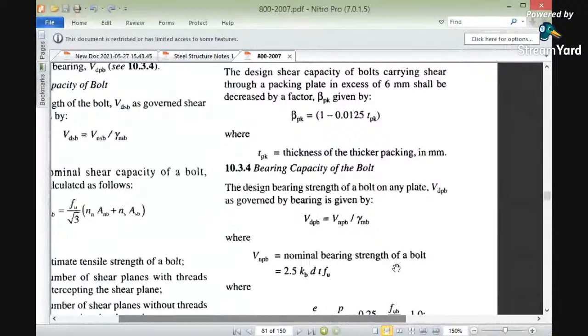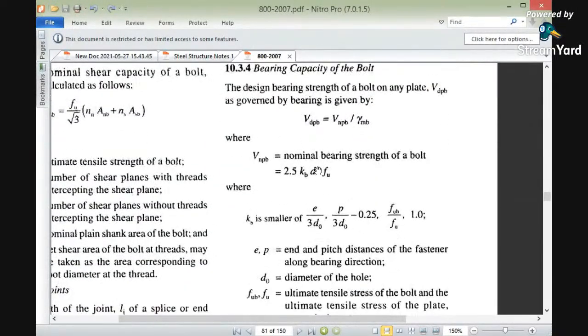What are the terms related with this k_b d t f_u? What does k_b stand for? k_b is again a fractional factor. k_b is the smaller of e, the edge distance; small e is nothing but the end distance; p stands for pitch distance; d0 stands for the diameter of the hole; f_ub and f_u. So k_b is the smaller of e divided by 3 d0, p, the pitch value, divided by 3 d0 minus 0.25, and f_ub divided by f_u, or 1.